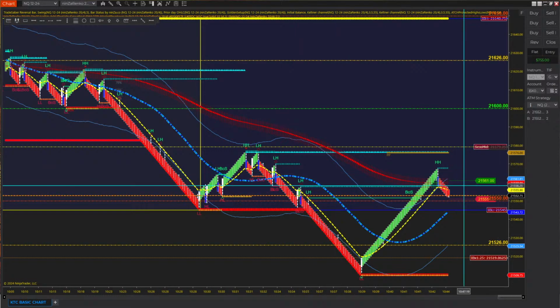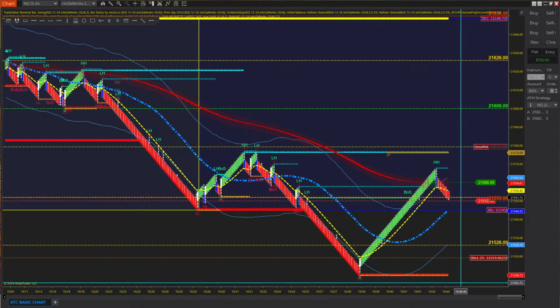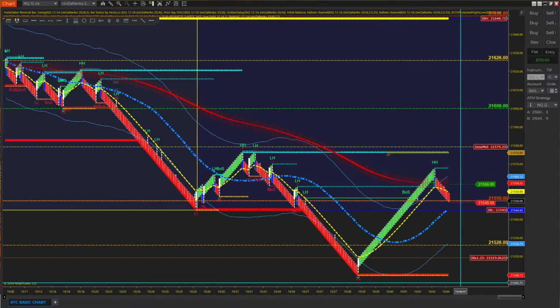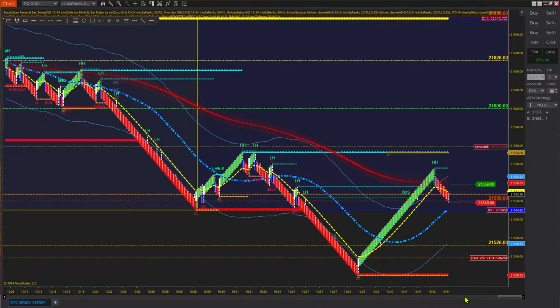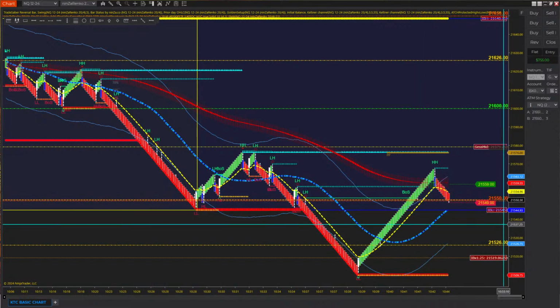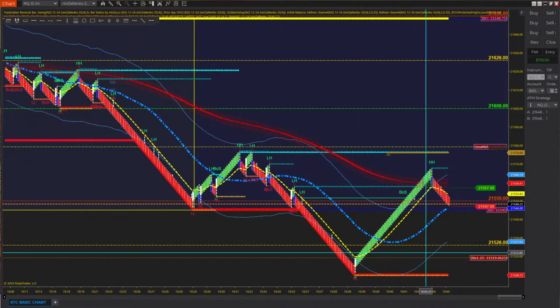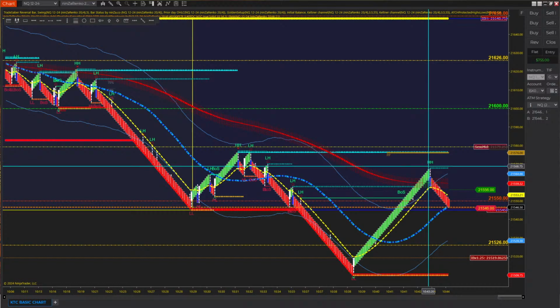Now here's the pullback, right? So what we want to see is a reversal to the upside. It may bounce off this 55. Let's see. Now where's the swing level here to the downside? It's way down here. So you won't see a signal here.